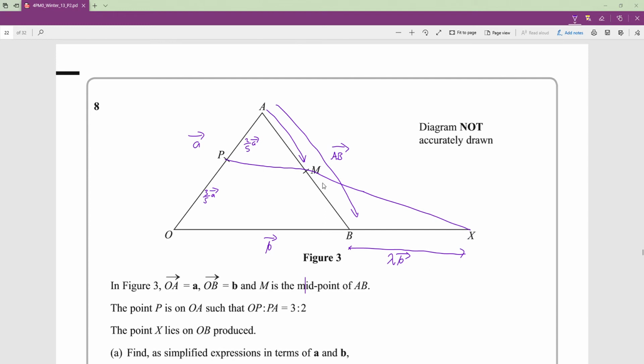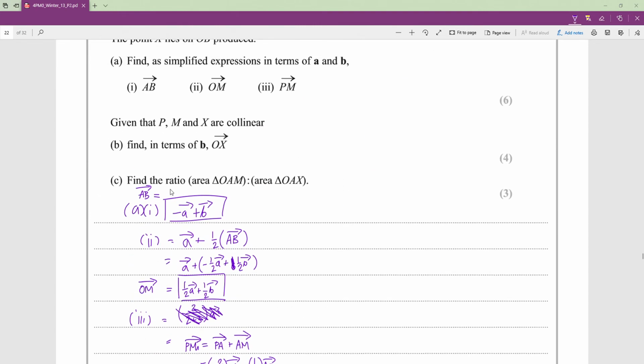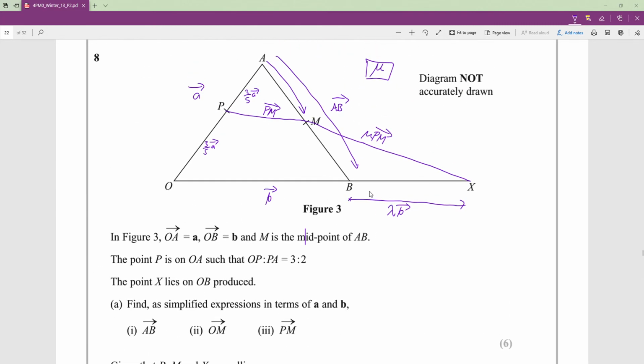And that also means that if we have the vector here, PM, there's the one unknown lambda, which is from OB to X. But we also know that PM plus this extra bit we'll call mu PM, where this character, mu, is an unknown scalar that we want to find out. It says find OX in terms of B. So we want to find the value of 1 plus lambda.